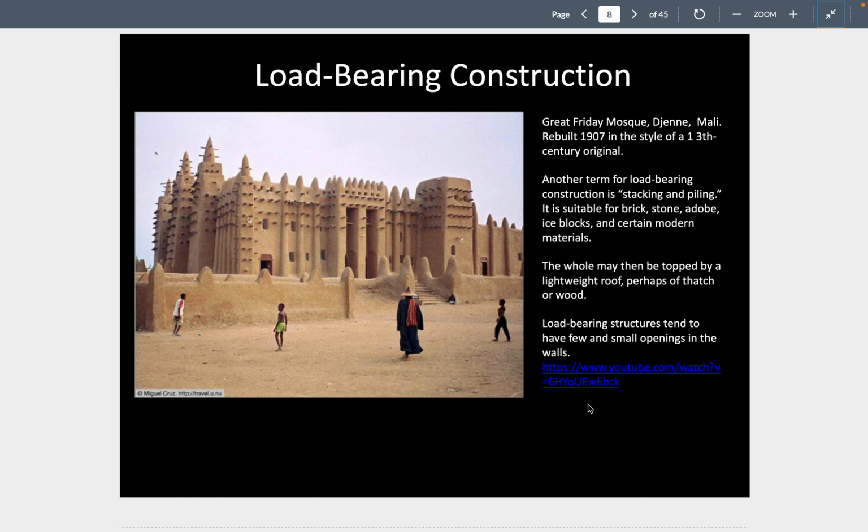So the load-bearing construction would be a stacking and piling, a shell system like the Great Friday Mosque here in Genève that is built all out of mud. It is rebuilt after the rains, and then inside there's very little open space because there are a lot of posts, a lot of columns on the inside that allow for the building to be held up.